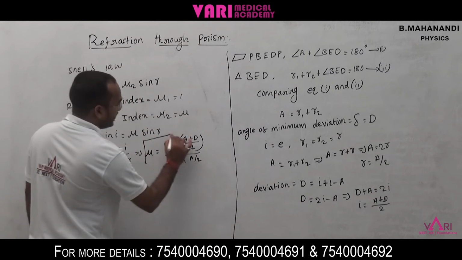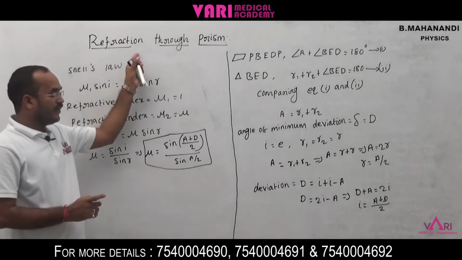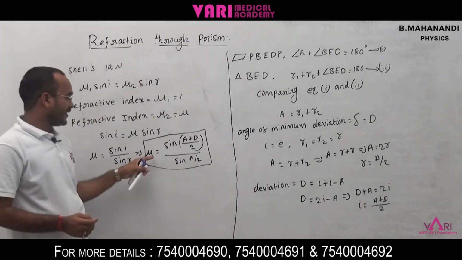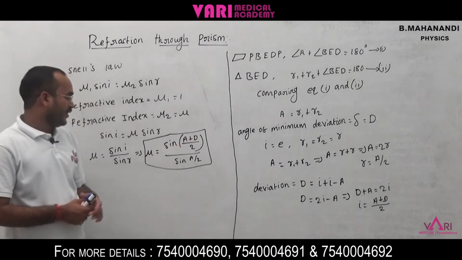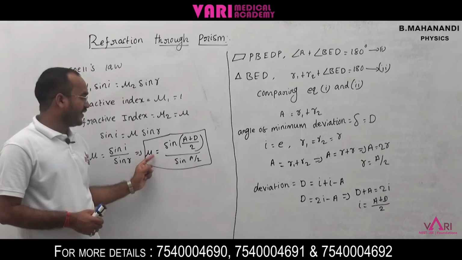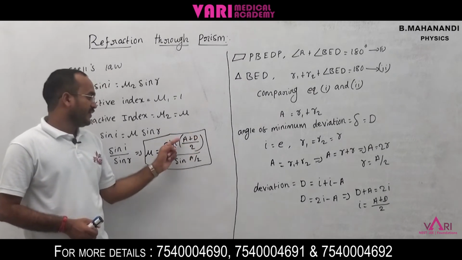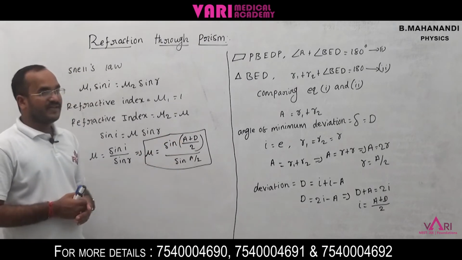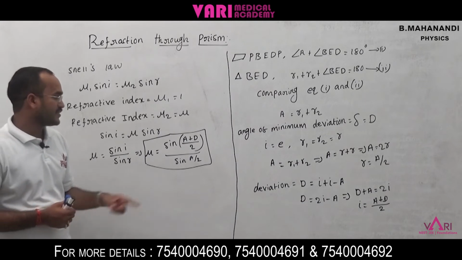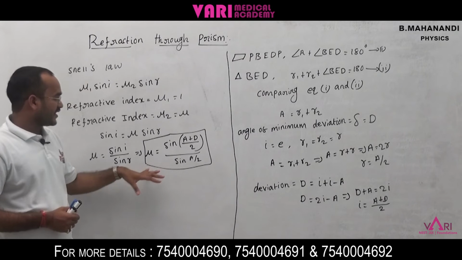If any incident ray is passing through the prism, the refractive index is related to the angle of minimum deviation. Mu is the refractive index, D is the angle of minimum deviation of the prism, A is the angle of the prism. If you suppose an equilateral triangular prism, the angle of the prism A equals 60 degrees. This is the refractive index.